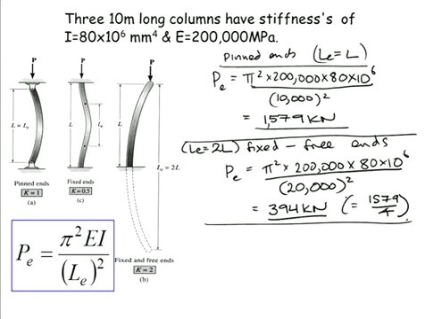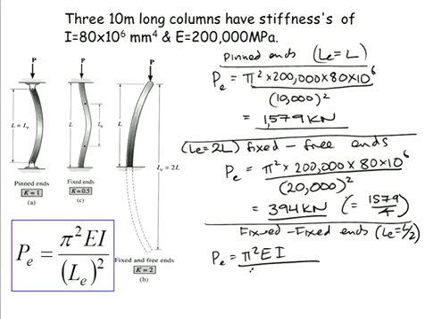Now the final case is fixed ends. And in this case here, our effective length is half. I'll just write it as EI this time. But when I come and plug in my effective length, it's now 5 metres.